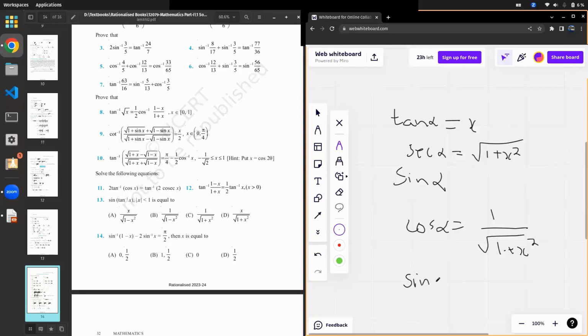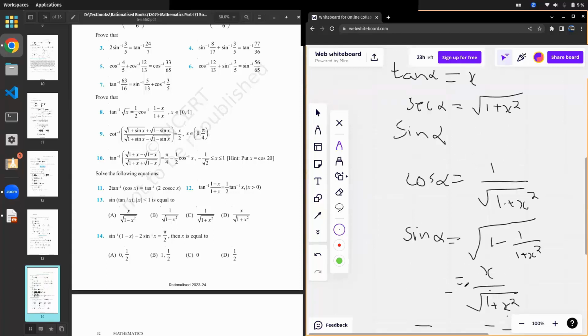Sin alpha is equal to root of 1 minus cos square alpha, so this will be root of 1 minus 1 by (1 plus x square). The numerator will be x, and this will be equal to x by root of 1 plus x square. We know that alpha is equal to tan inverse of x, so the value of sine of tan inverse of x is equal to x by root of 1 plus x square, option D.